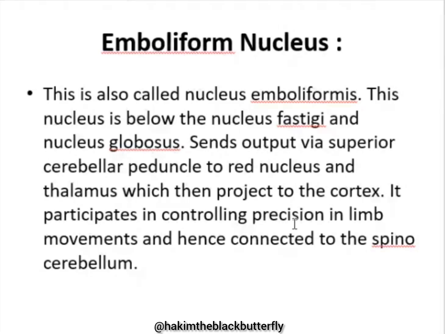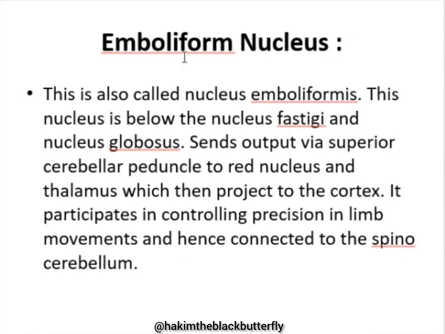Precision is whereby when you determine to perform a motor activity, after performing it, your muscles stop moving. They don't continue moving. You say, let me hold a pen, and once you hold that pen, that activity stops because it has achieved the objective. That is what we call precision.